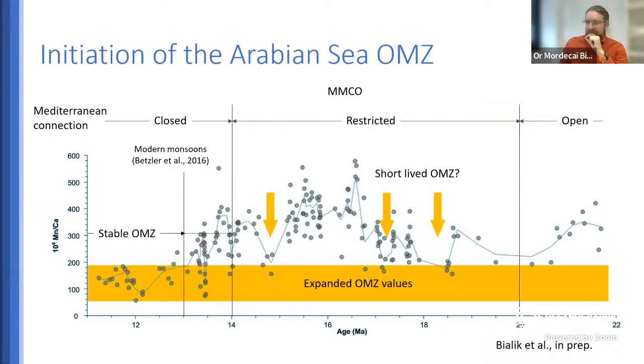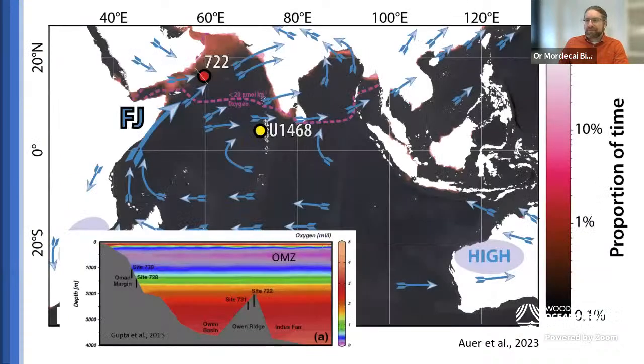But I want to think about this trend that we're seeing in the end. We're seeing this ongoing depletion. We're saying, okay, this is due to expansion of the OMZ, but if we look at the modern map, site 1468 is not where the oxygen minimum zone is.